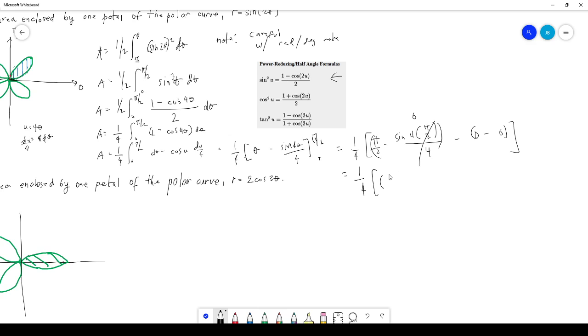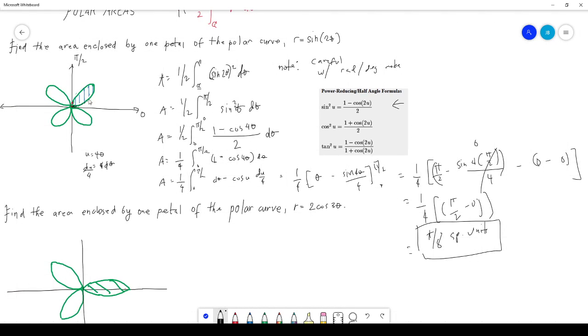So what's left here is pi over 2. So pi over 2 times 1/4, that's pi over 8 square units, in which this is our final answer. Therefore, the area of a petal here in our graph is pi over 8 square units.